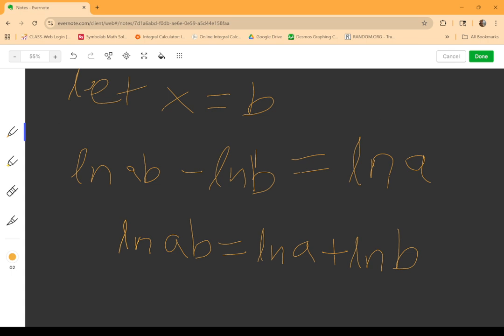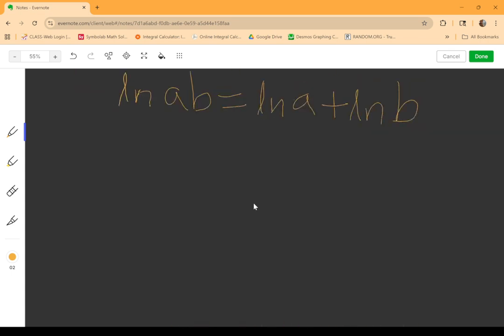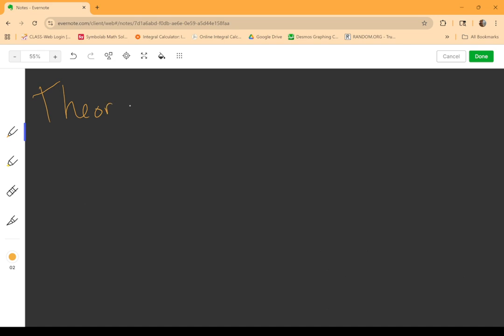Now let's look at another property that we can prove. Here is another theorem.